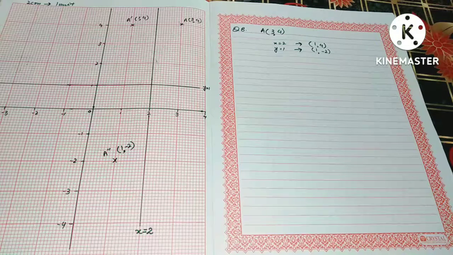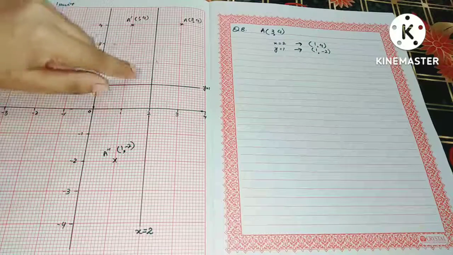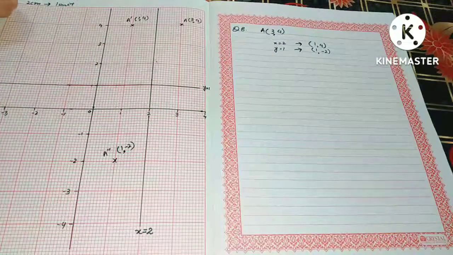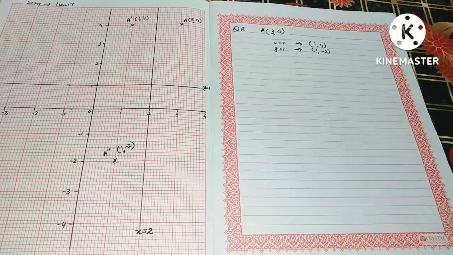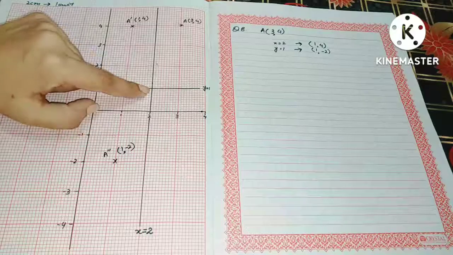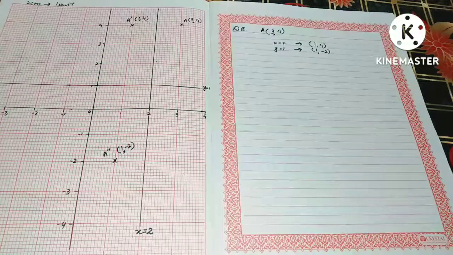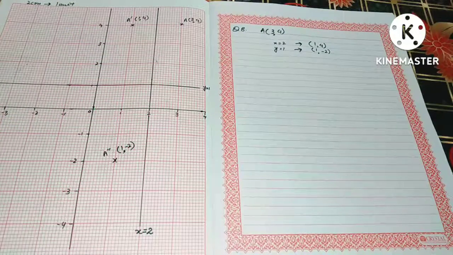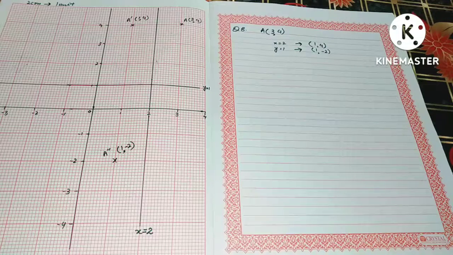So in this case you have to find the point that will not be reflected. It is the point where both lines intersect, because that could be the only point which is invariant.